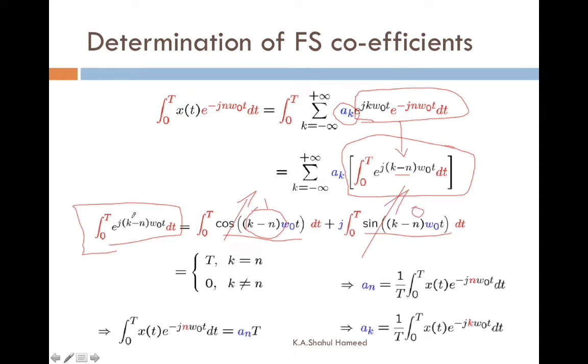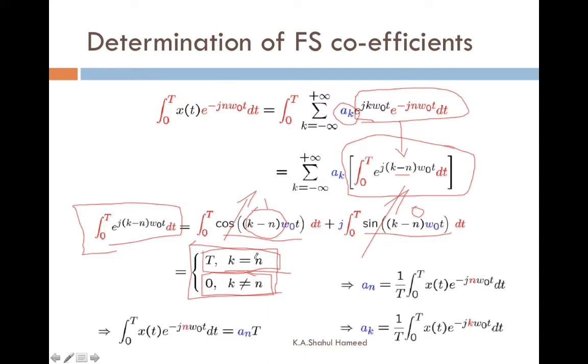So for this integration, when cos 0 becomes 1, we have to integrate 1 into dt from 0 to T. When you integrate, you will get the value of capital T. So I can write that the integration value is equal to T when k is equal to n and 0 otherwise. It means it has value when k is equal to n, and when k is not equal to n, its value is equal to 0.